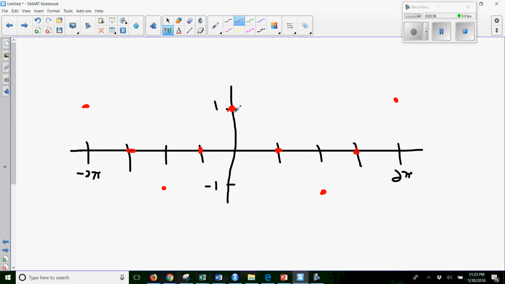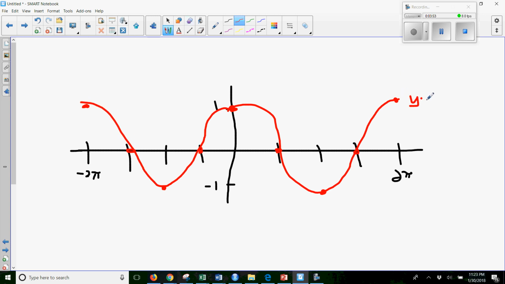So this one like that. This one like so. Okay. So this is y equals cosine x.